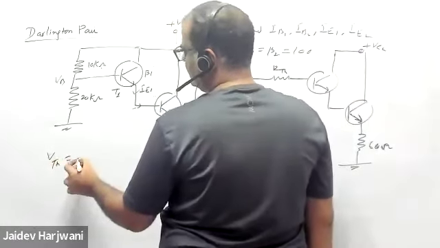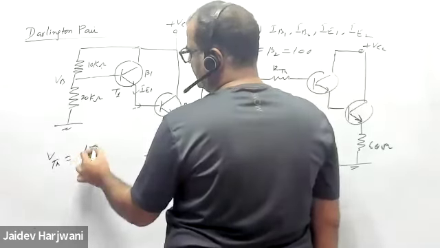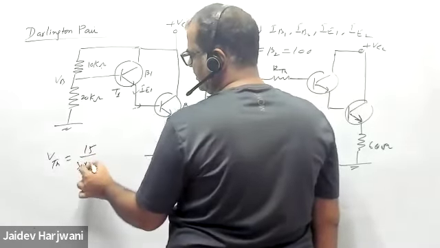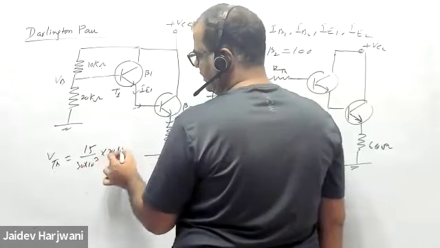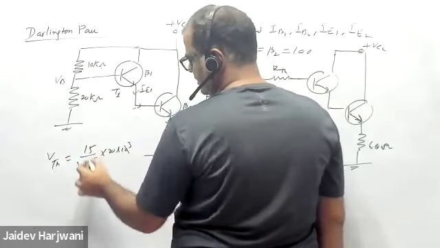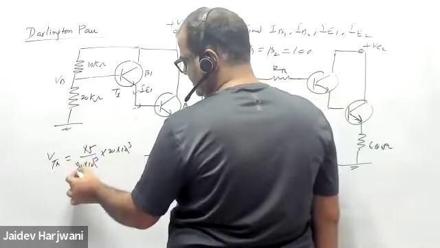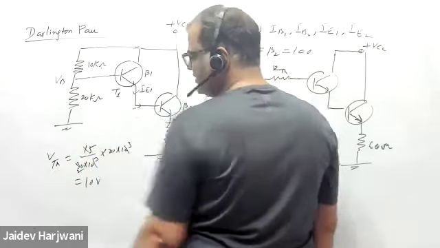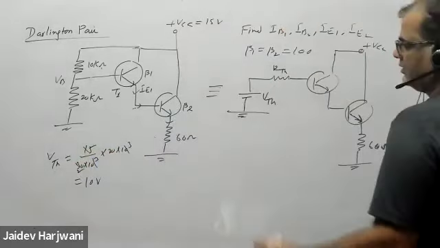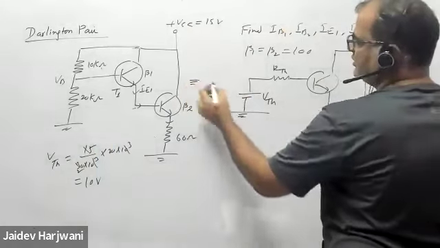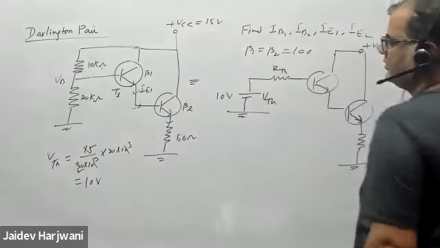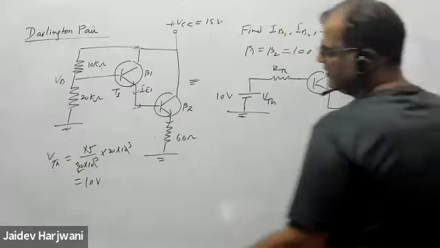How much will it come? VCC 15 upon 30 kilo ohm into 20 kilo ohm. So this is 15 into 2 by 3, 10 volt is coming. Check your calculation. 10 volt. And how much will R Thevenin come?